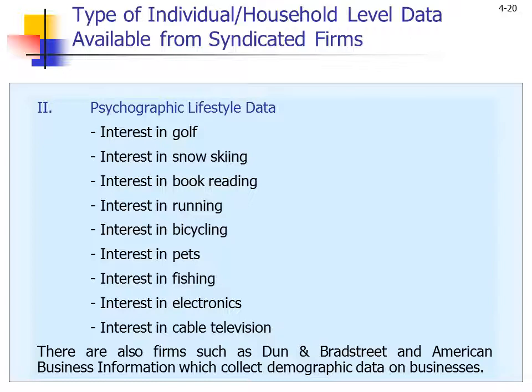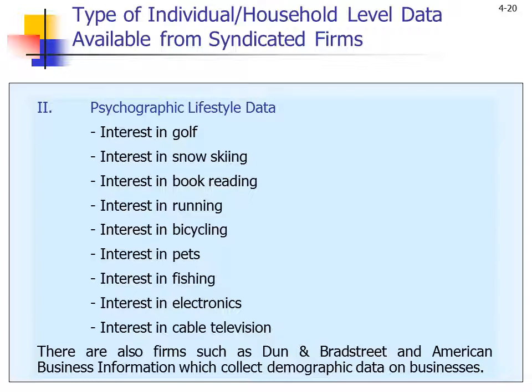In this slide are also some examples of external secondary data introduced by the syndicated firms, like psychographic lifestyle data. These psychographic lifestyle data are about the consumers, like what the consumer is interested in, such as golf, snow skiing, book reading, and running.